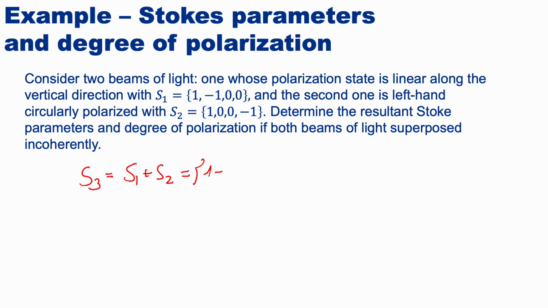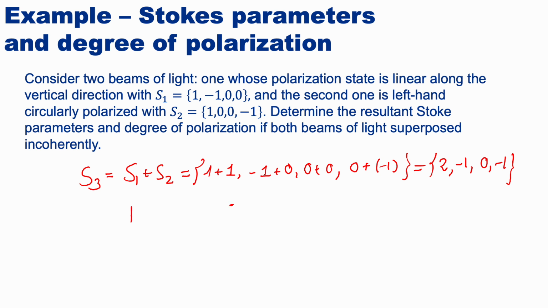So it's going to be 1 plus 1, minus 1 plus 0, 0 plus 0, and 0 plus minus 1, right? So the resultant Stokes parameter is going to be 2, minus 1, 0, minus 1. And this is going to represent the polarization state of your resultant.